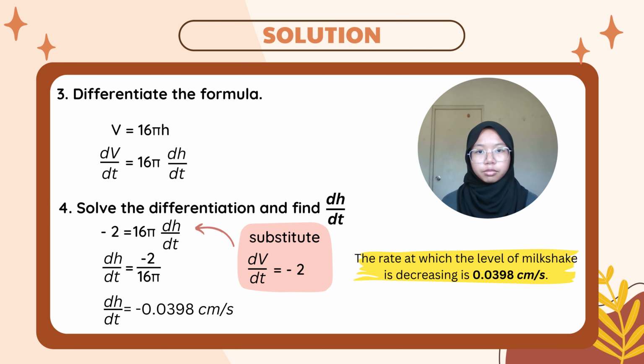From step 3, we substitute dV over dt equals negative 2. After we do the calculation, we will get negative 0.0398 cm per second. Therefore, the rate at which the level of milkshake is decreasing is 0.0398 cm per second.